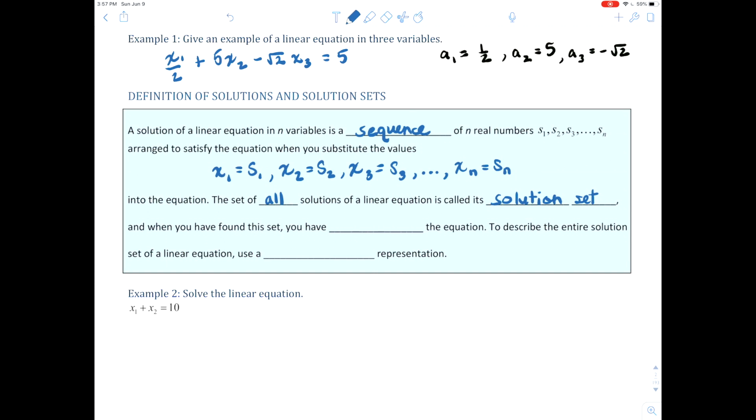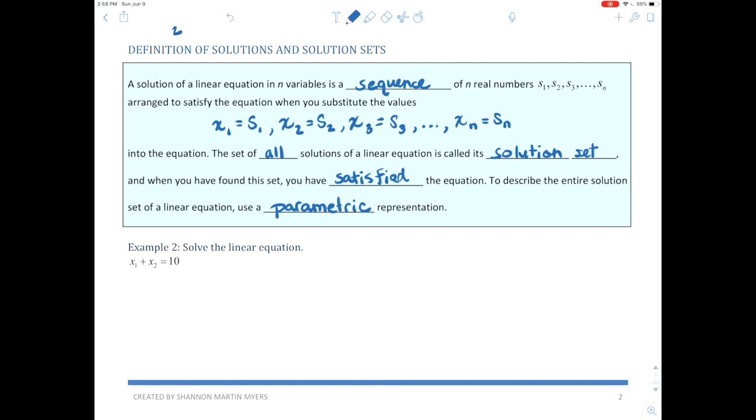And when you've found the set, you have satisfied the equation. To describe the entire solution set of a linear equation, we want to use a parametric representation. Parametric representation is something we will use all throughout this course, so you want to make sure that you have it down right away, okay?